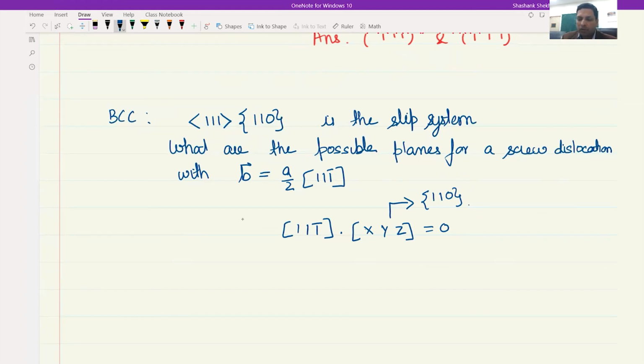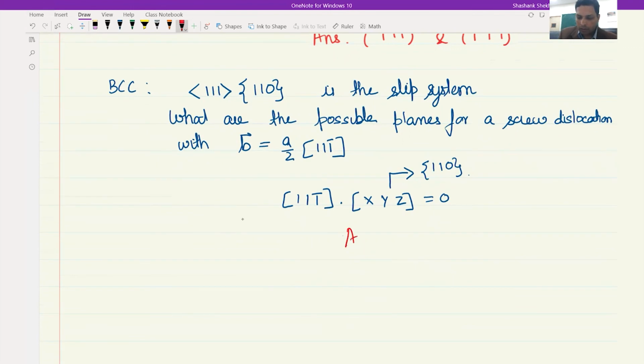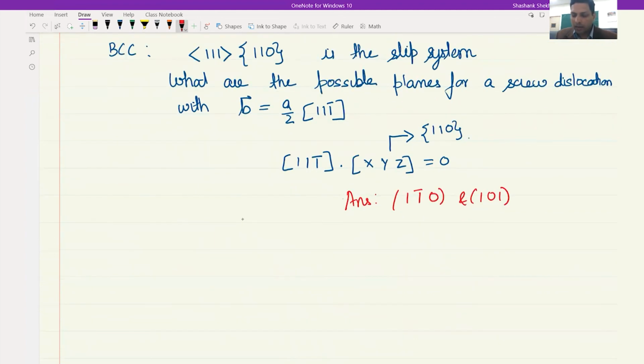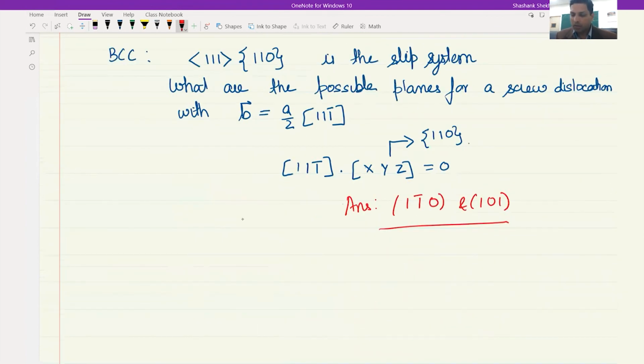So instead of trying to set up a simultaneous equation, we can just directly plug in all the possible 1 1 0 and take a dot product and find out which of these give a dot product of 0. And you would see that the answers are 1 1 bar 0 and 1 0 1, and this is the answer for BCC. So keep in mind, this is the correct answer for FCC and this is the correct answer for BCC.